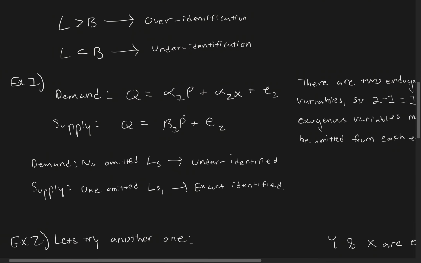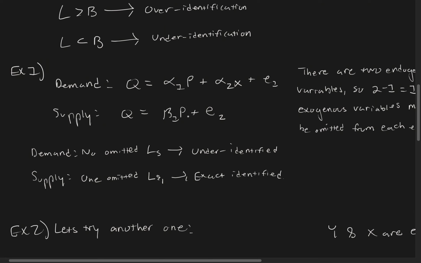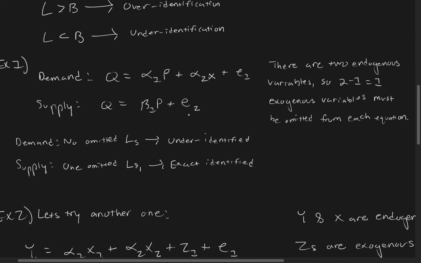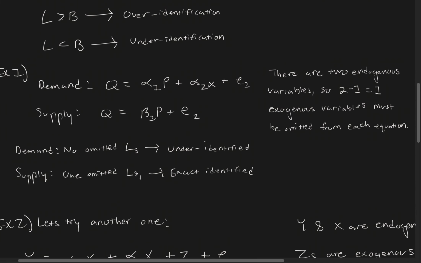So given our first example here, our same set of functions of demand and supply, we have one total exogenous variable and two endogenous variables. So we have two endogenous variables, and so we need to omit one exogenous variable from each equation.